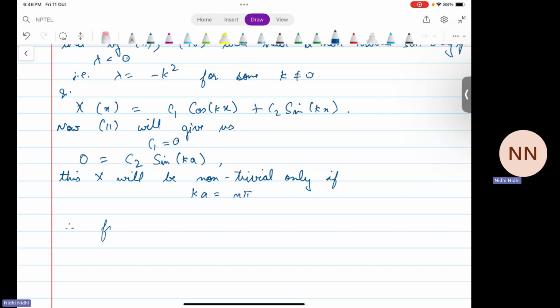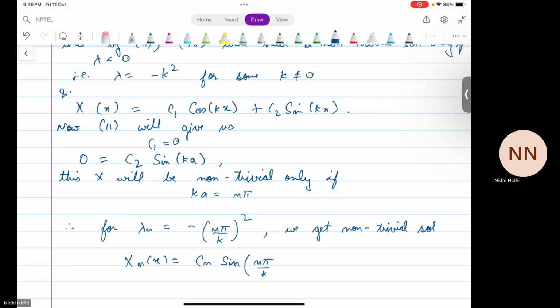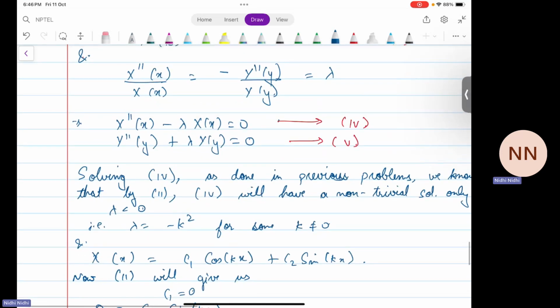Therefore, for lambda n equals minus n pi by a whole square, we get a non-trivial solution X_n(x) equals some c_n times sin(n pi x by a). This is a solution of equation 4th.